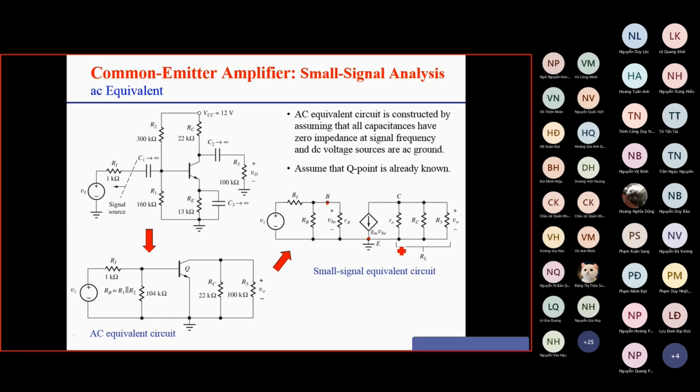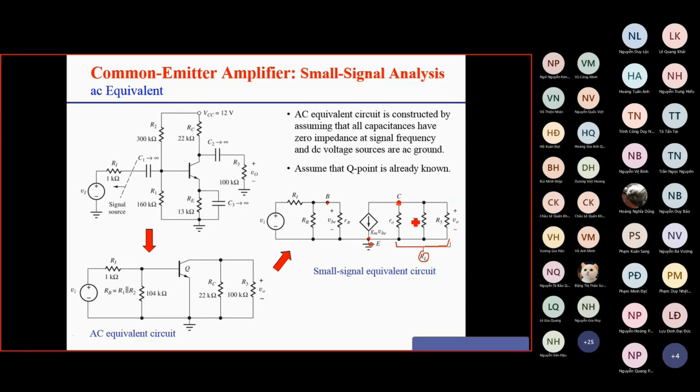We combine everything that is connected between the collector and the ground, and we call that the output load of the amplifier, RL. So RL is equal to R0 in parallel with RC in parallel with R3.